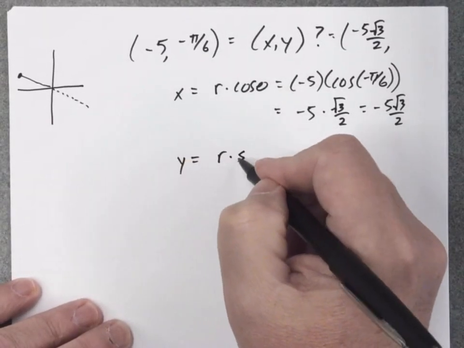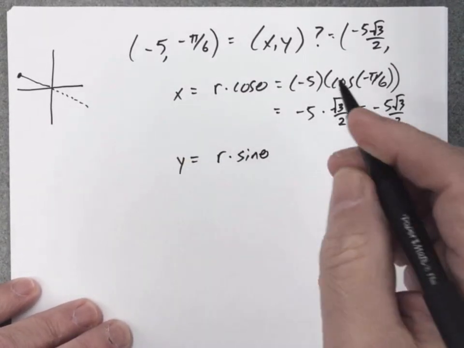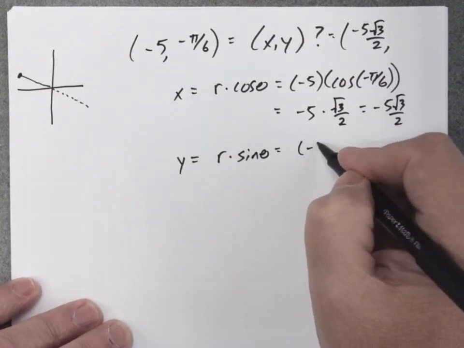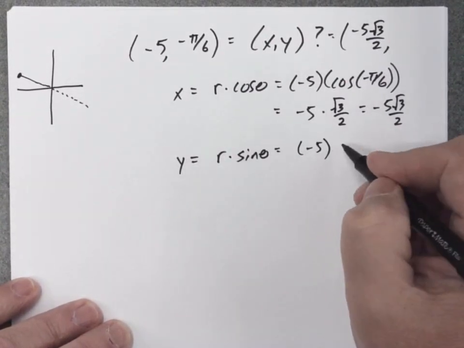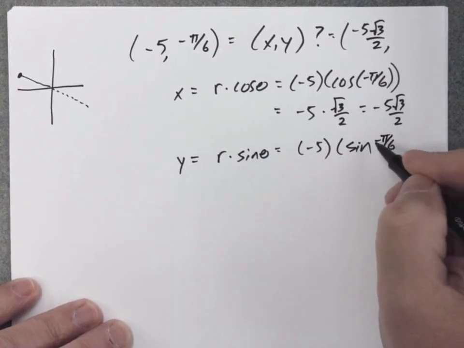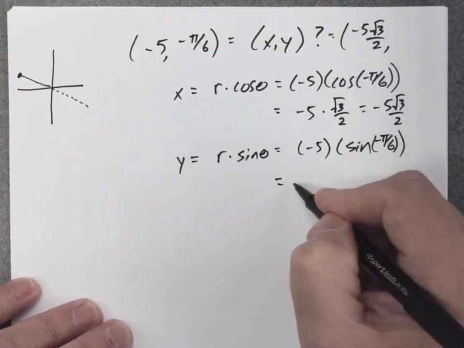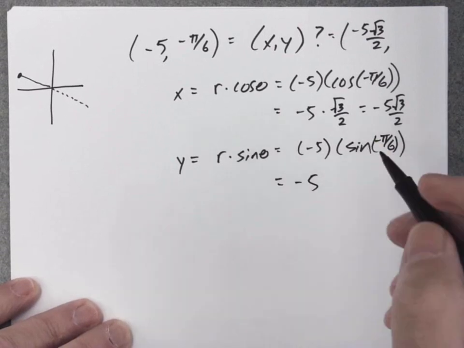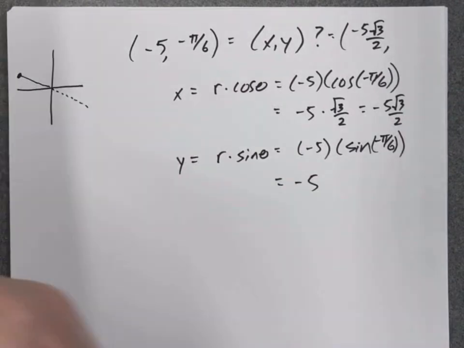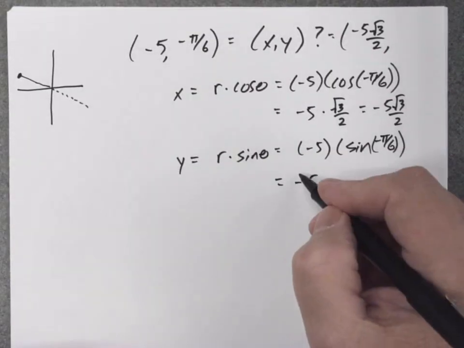y is r times the sine of theta. So once again, negative 5, and then the sine of negative pi over 6. Once again, negative pi over 6 is right here. The sine is negative 1/2.